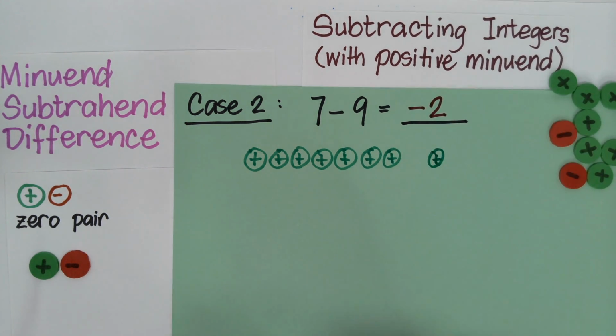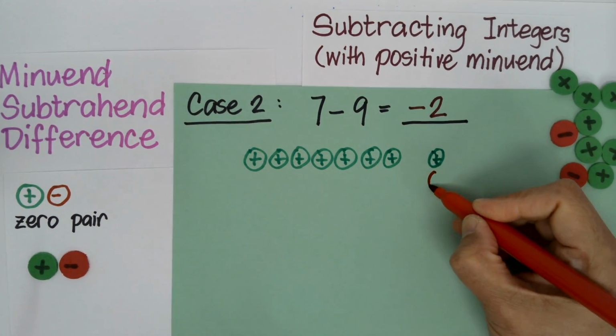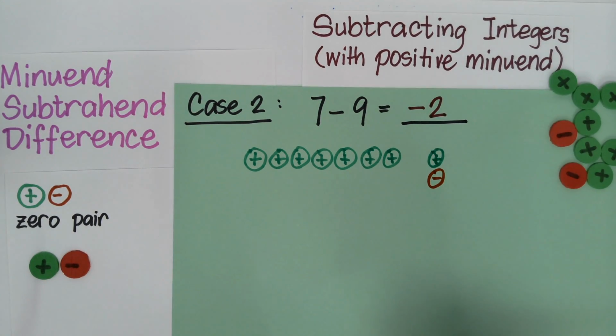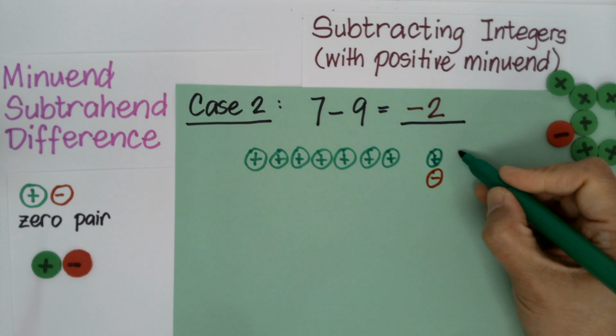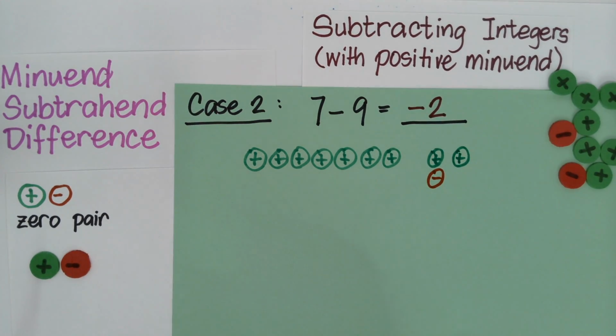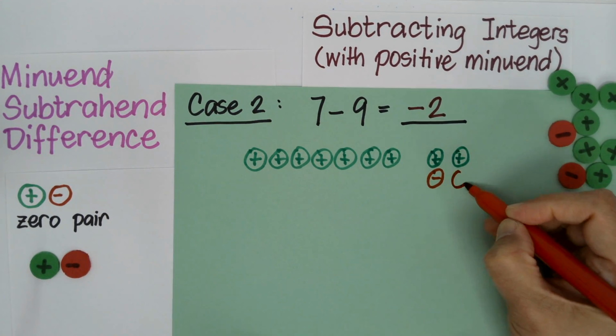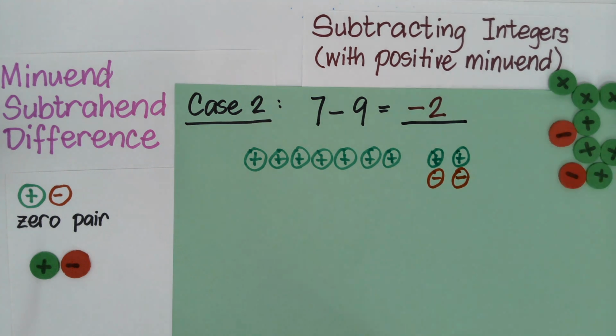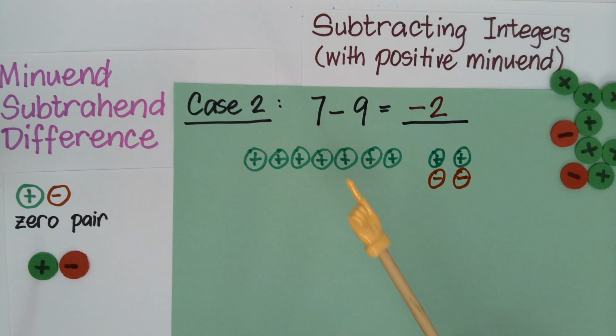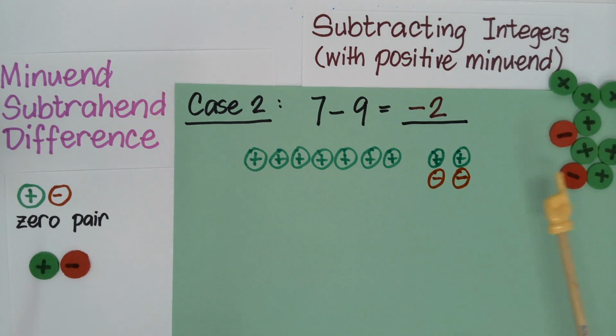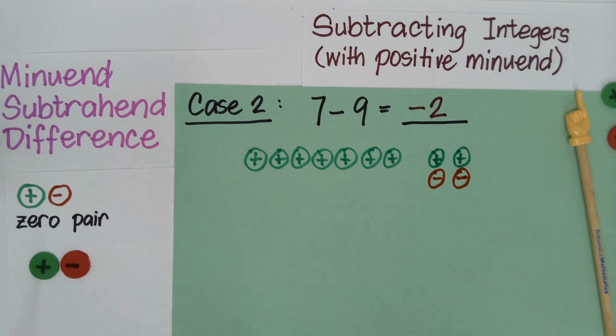So one positive and one negative, that's one zero pair, and that's another zero pair. So the value of this representation is still equal to 7. Now, because we already have enough positive discs, we can take away the 9 discs.